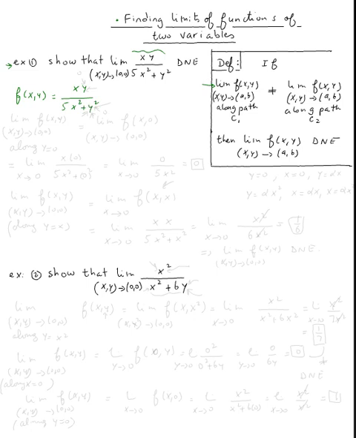Generally we use these paths. y equals 0, in other words, the x-axis. x equals 0, the path x equals 0 is what? The y-axis.